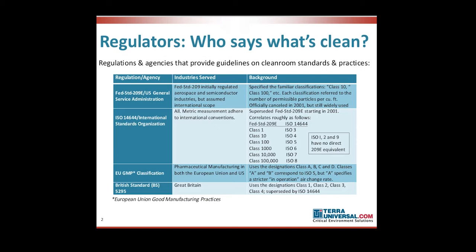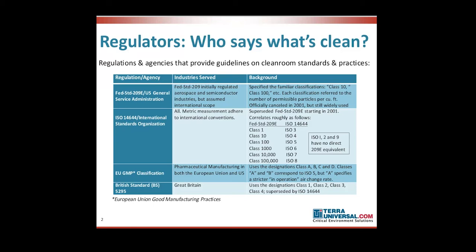So ISO 3, 4, 5, 6, 7 replaced the old Class 1, 10, 20, and so forth. We also have European GMP guidelines in effect, and these have been influential in the United States as well as Europe, and a different classificatory system in Britain. So there are a number of bodies out there, but the ISO standards are increasingly the predominant recommendations now.